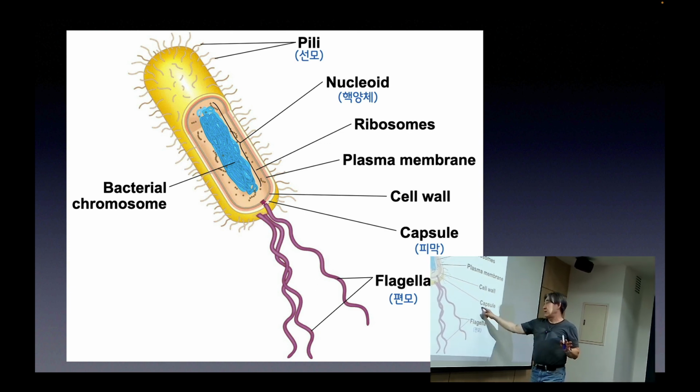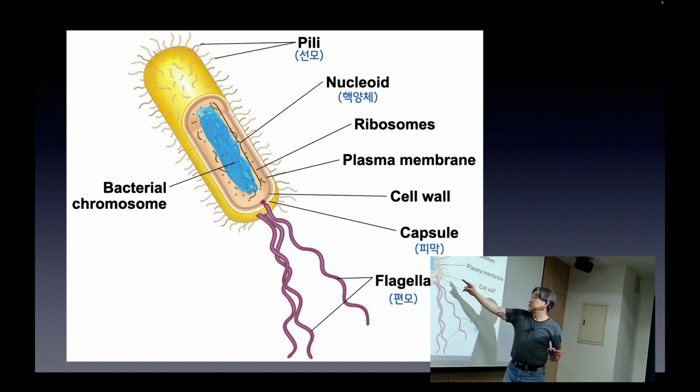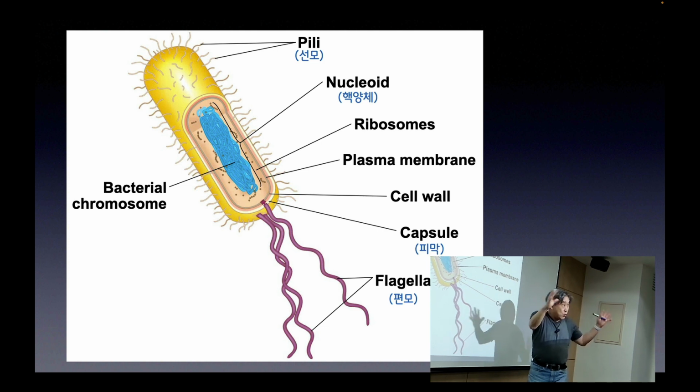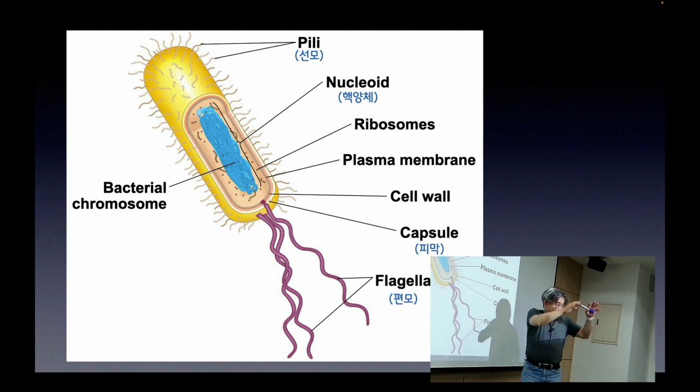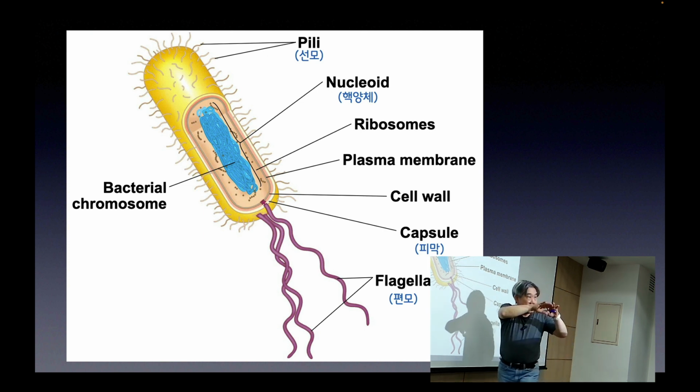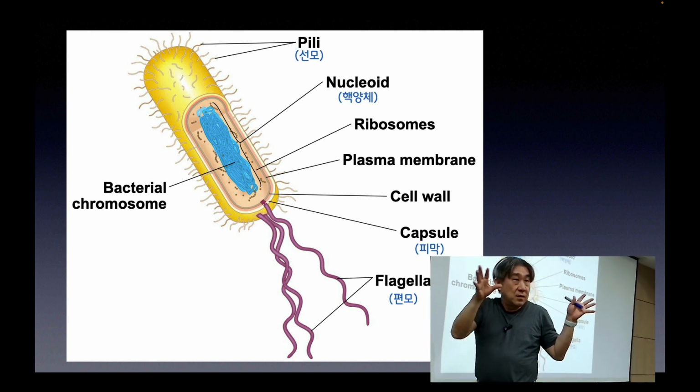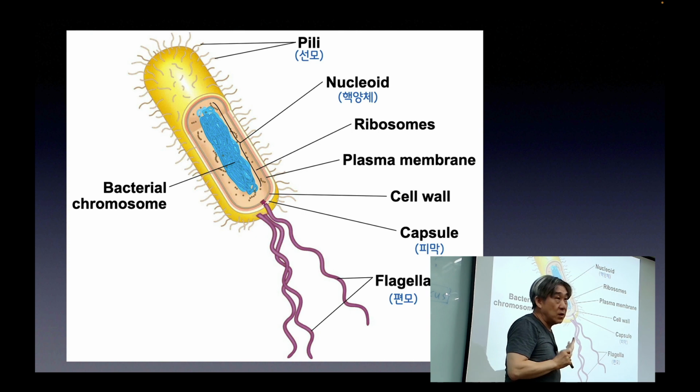But what about this capsule? The capsule is present even outside of the cell wall. So the capsule is even covering the most external protective layer, which is the cell wall.